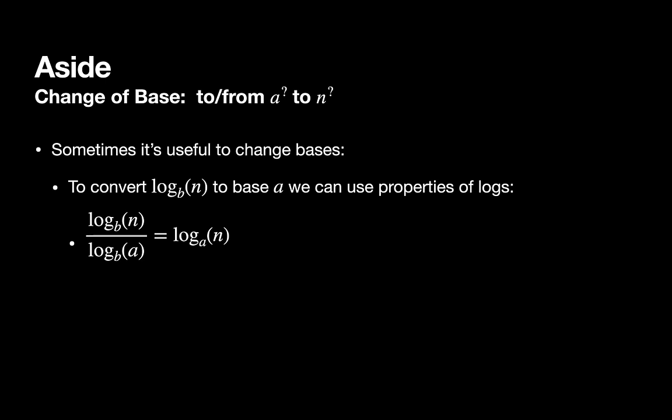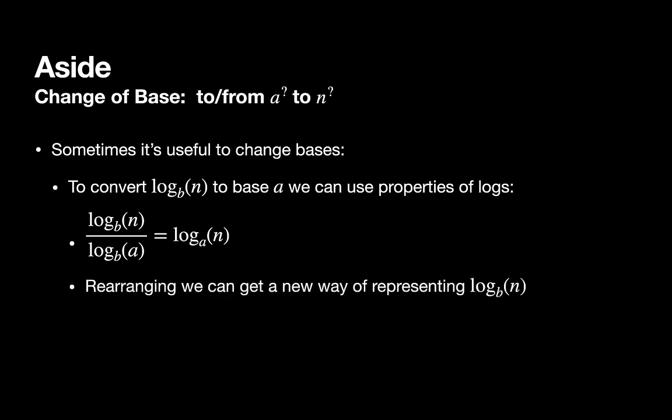Log base b of n over log base b of a is equivalent to log base a of n. So this is just our standard formula for changing the base of a log. And we can rearrange that a little bit and put it in terms of log base b of n. So we can just multiply through by the denominator, move that over there, and change it into a multiplication.